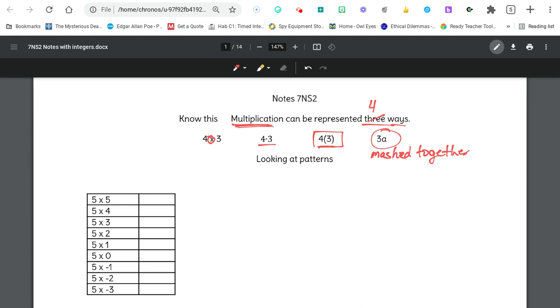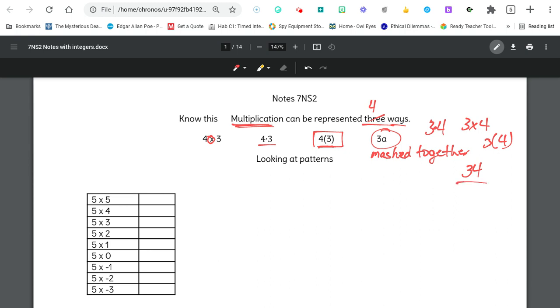Now, we don't want to just mash two numbers together because it'll look like another number. Suppose I have 3 times 4, I don't want to just write it like that. I want to put the dot, or the times sign, or the parentheses to indicate multiplication. But if you just mash a number together with another number, it's just going to look like 34.